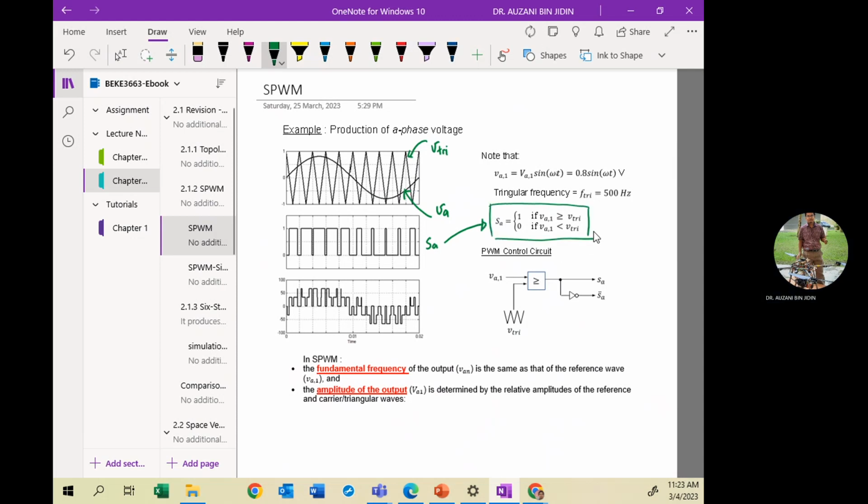Remember, if VA is larger than triangular, for example, maybe we can try to project for this interval, this line.